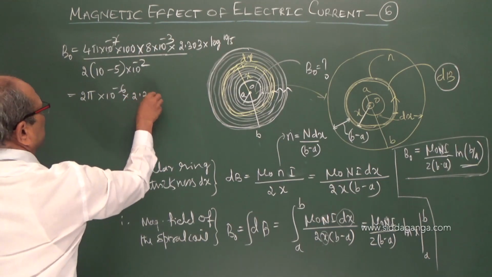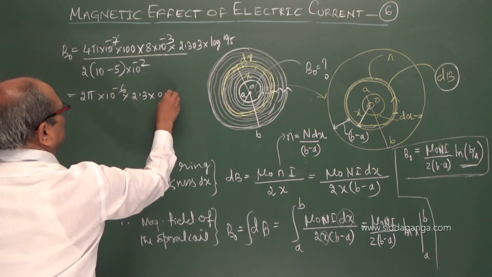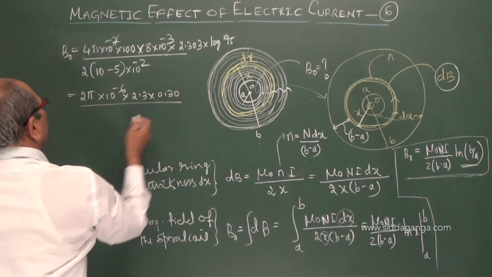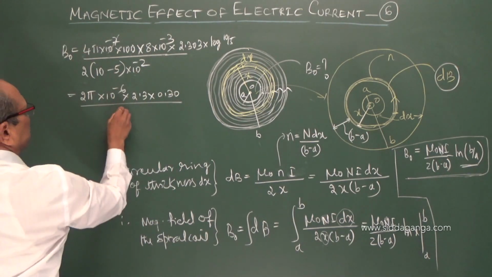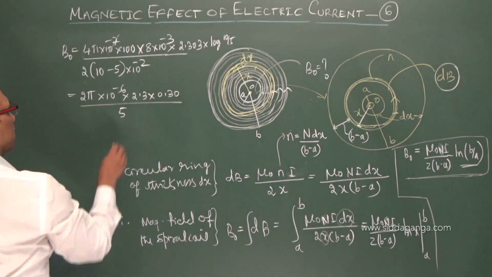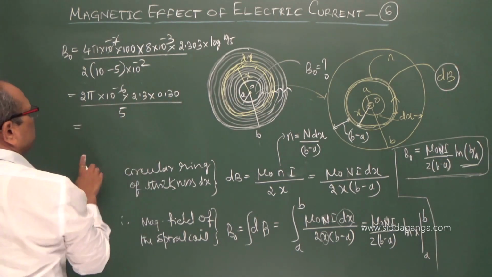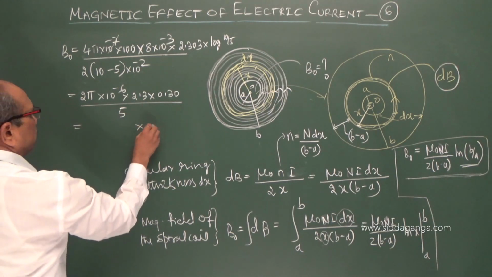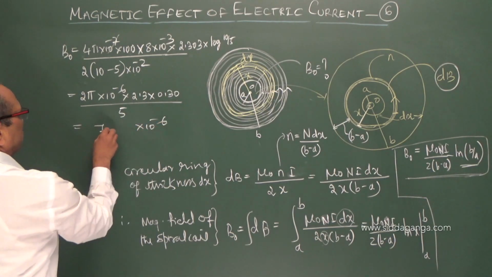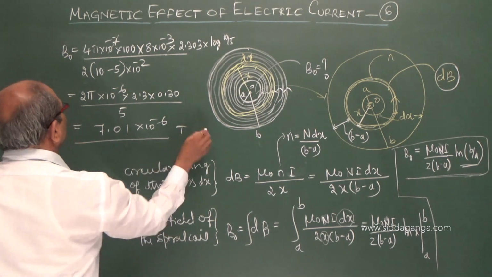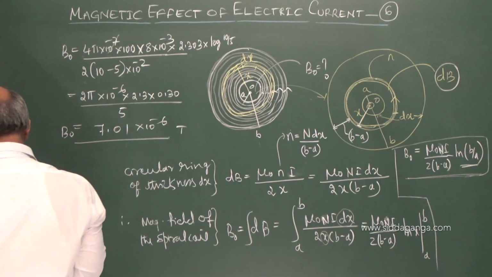Approximately 2.3, log 2 is 0.30. Divided by 2, I already cancelled, 10 minus 5 is 5. So if simplified, it gives you this answer of around 7.01 tesla.